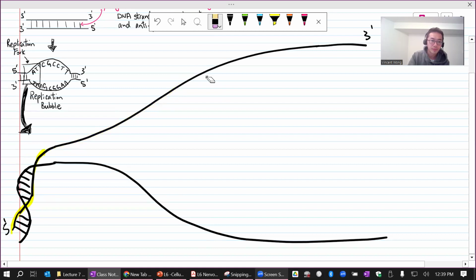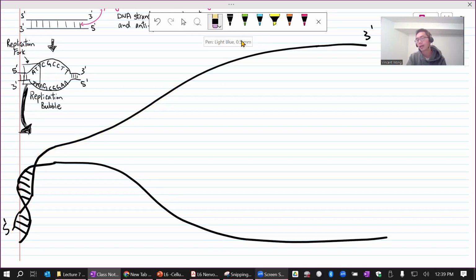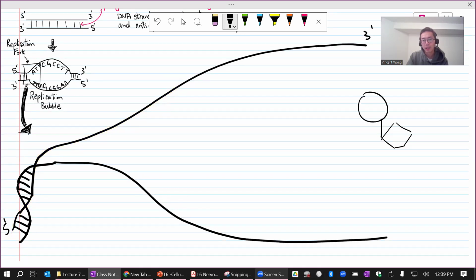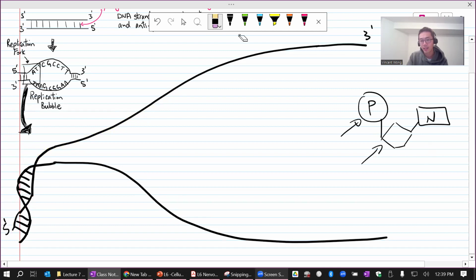Vincent, where do these 5 prime and 3 prime come from? Oh, that's a good question. I don't want to make it too complicated, but what is this thing that I'm drawing? This is the phospholipid, right? Sorry, no. This is the nucleotide, right? It has a phosphate, a sugar, and then a nitrogen base.